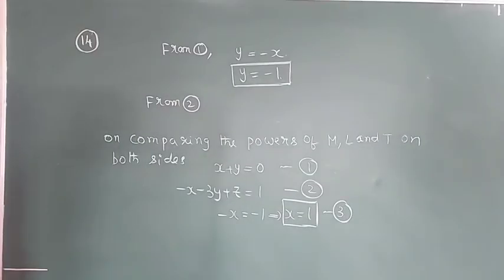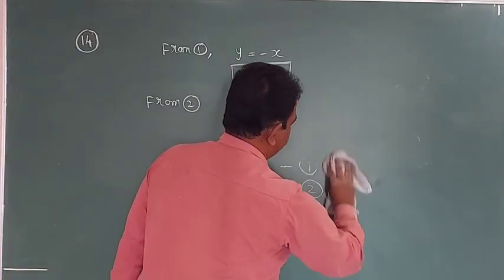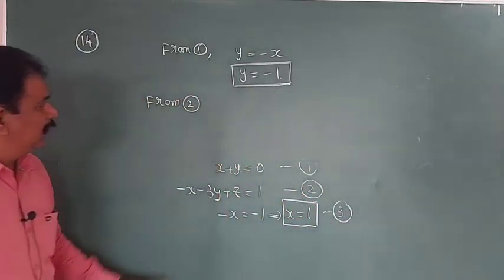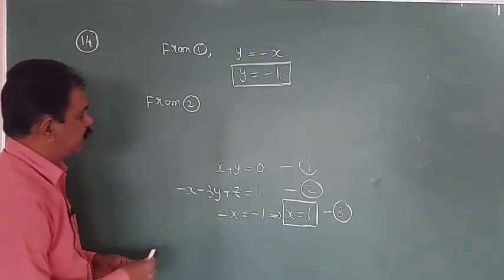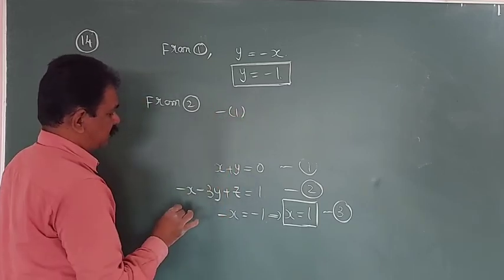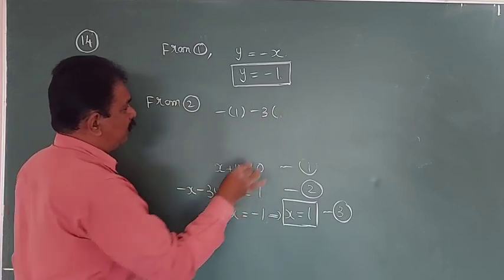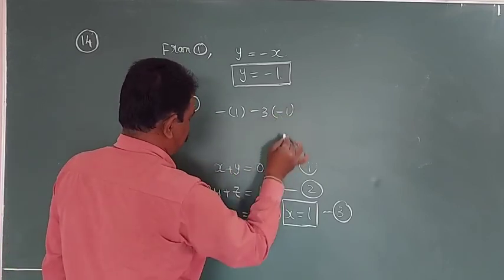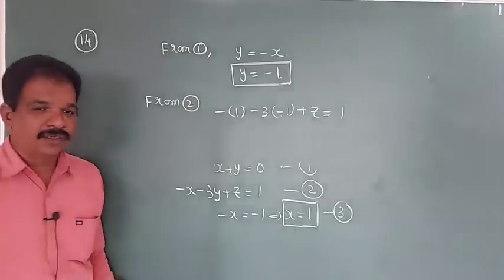Next, from 2. We got already the x, y values. You substitute those values here. Minus 1 minus 3 into y value, which is minus 1, plus z is equal to 1.